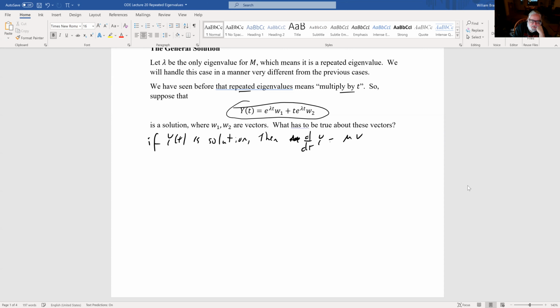Well, being a solution means that this has to be true. Differentiate that. If I differentiate this, I'll just get a lambda e to lambda t times the vector w1, plus e to lambda t w2, because that's just differentiating the t there, plus lambda t e to lambda t w2, because when I differentiate the e to lambda t, I pull down a lambda, equals m times this.